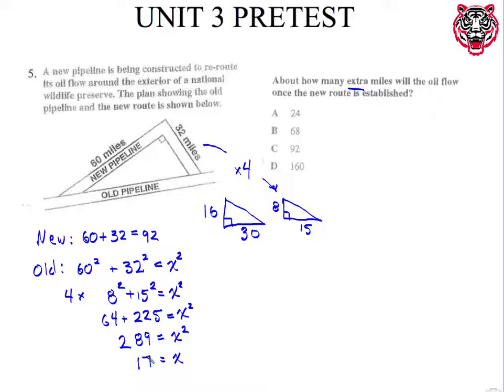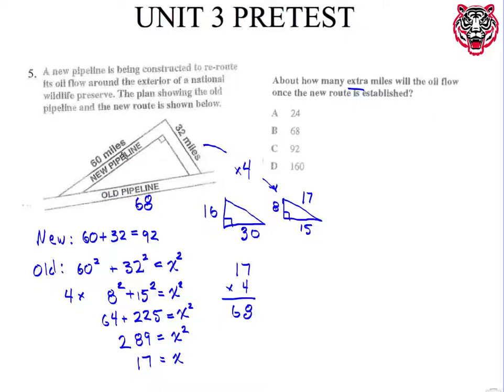17 is equal to x. Not x squared. Okay, so if that is 17, remember I have to multiply that by 4 in order to get to the hypotenuse. This was 17, I agree, but this whole triangle needs to be scaled up by a factor of 4 to get to this triangle. So 17 times 4, that's going to be 68. So this old pipeline is 68.